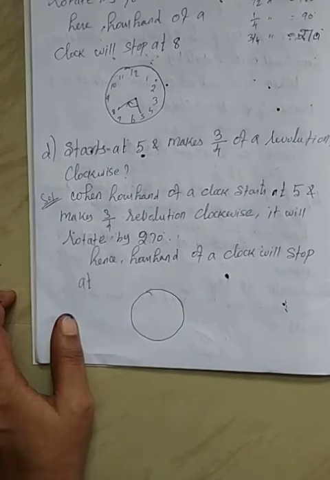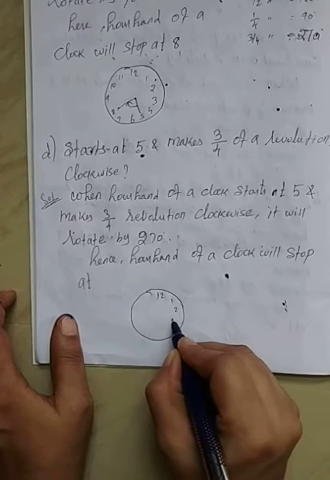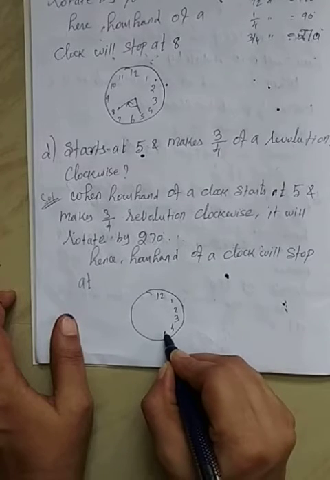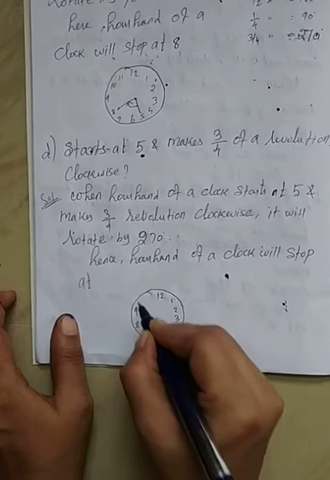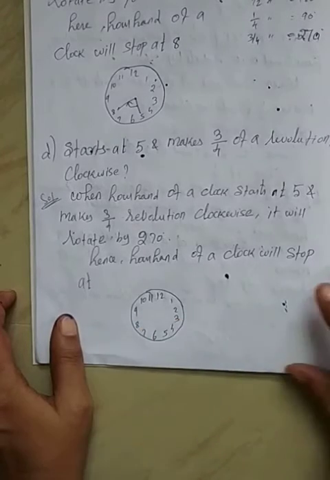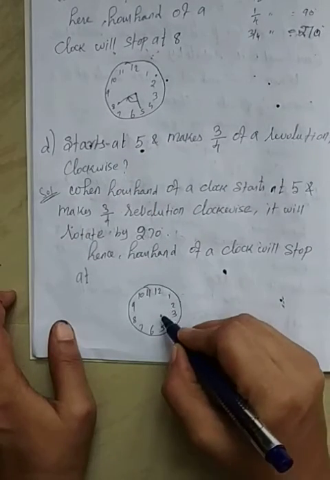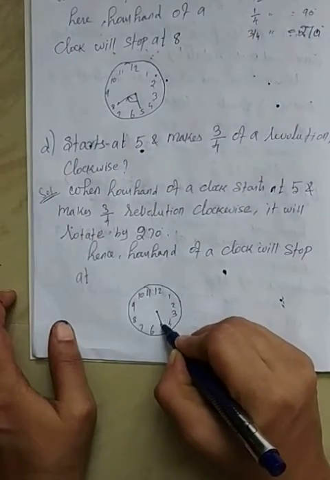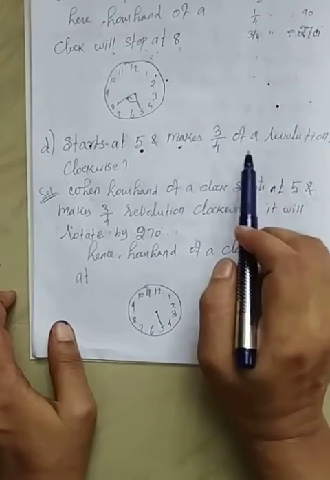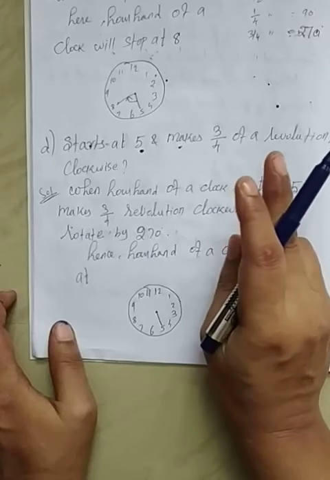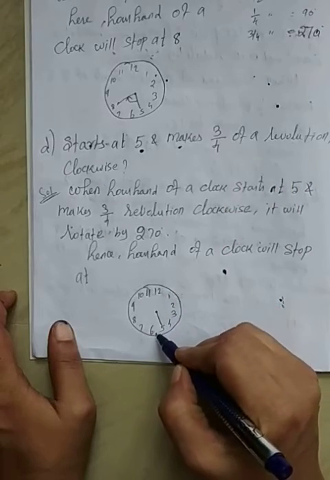See here, you can draw the clock. This one is 12, 1, 2, 3, 4, 5, 6, 7, 8, 9, 10, 11. In this one we are starting at 5. Makes 3 by 4 of a revolution, or otherwise 3 right angle. Okay, see here, right angle means 1, 2, 3.